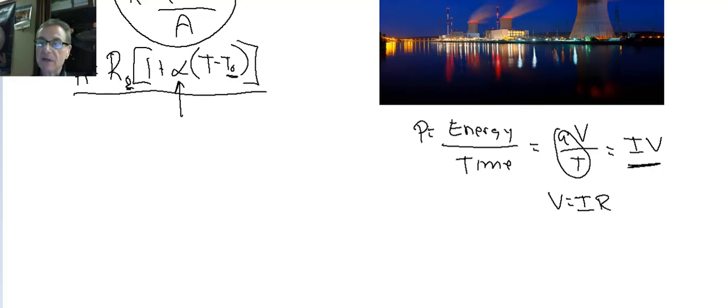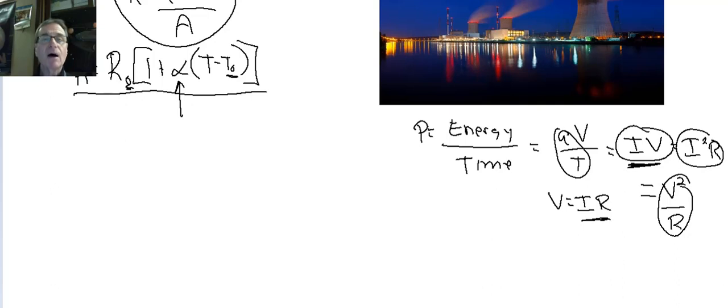If we replace V with its equivalent from Ohm's law, IR, we get power is also equal to I squared R. By the same token, if we replace the I up here instead of the V, we get power is equal to V squared divided by R. So all three of these are ways to determine the power that is being used up in a circuit. Okay.